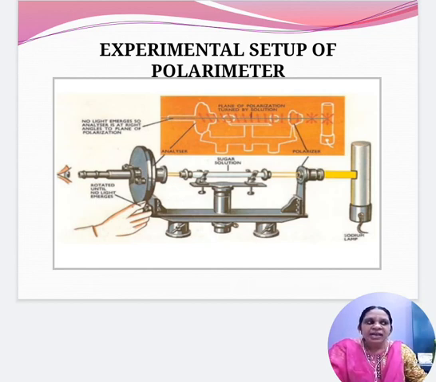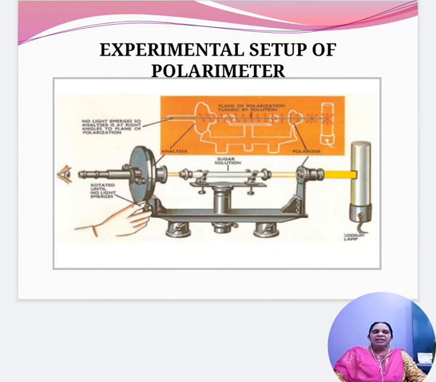This polarized light is passed through the sample tube. The sample tube contains sugar solution, an optically active substance, so the rotation of the polarized light takes place, and that is observed in the analyzer.